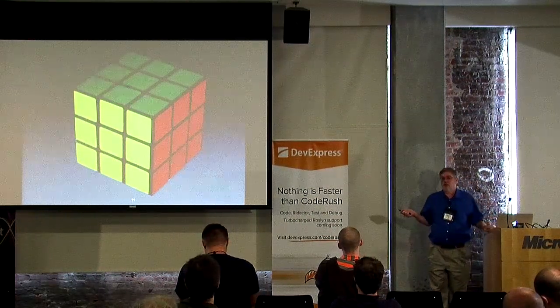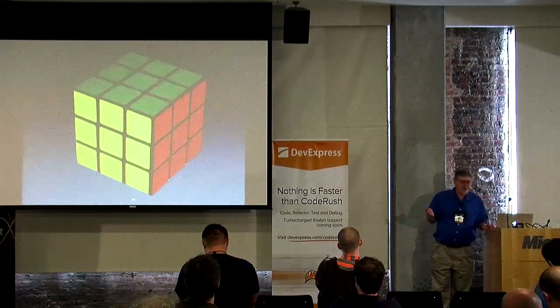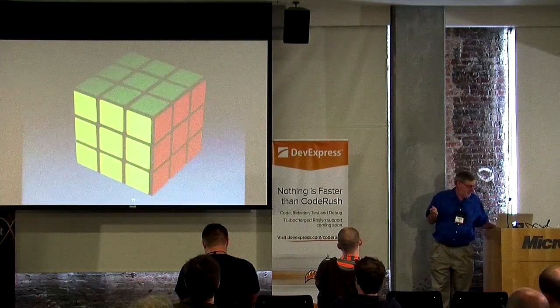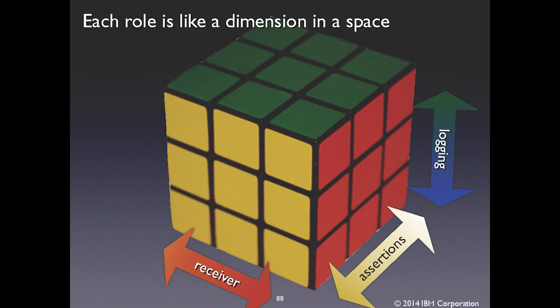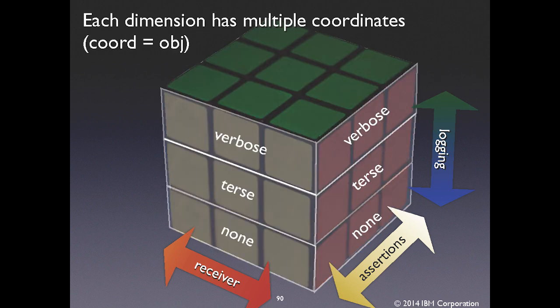Here's another way to visualize the system. It's not quite as tough as solving this puzzle. We think of each role as a dimension in space. So here's 3 space with a dimension for logging that gives us the vertical coordinates: none, terse, verbose.